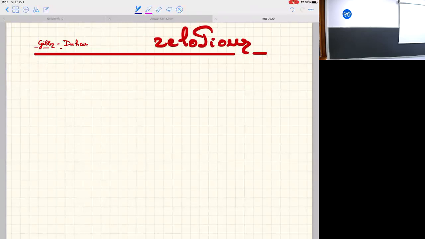so what does the Gibbs-Duhem relation do? Well, we know because of the first principle that dU is equal to dQ minus dW, right?